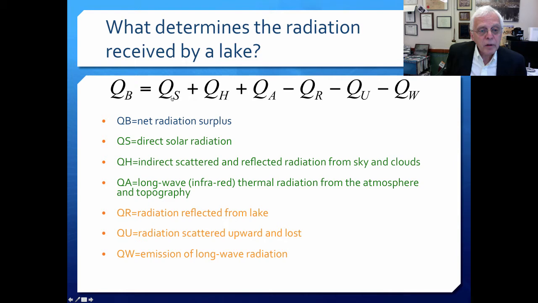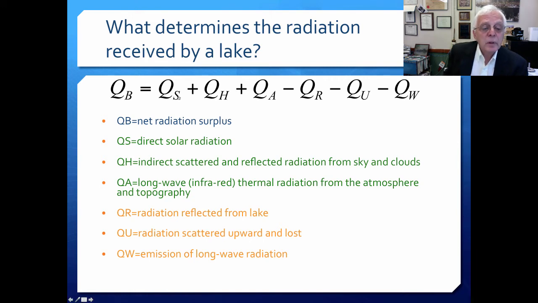But a lot of other things happen to it after it hits the surface of a lake. Basically the net radiation surplus, or the amount available to organisms for photosynthesis and other processes, is affected positively by 3 different things, and negatively by 3 other ones. And these are things that you should remember.